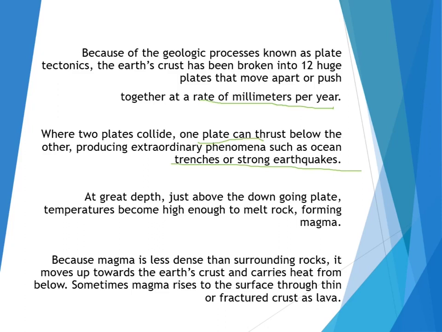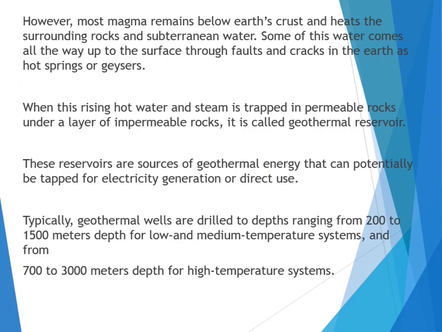What is lava? Lava is a hot liquid rock that comes out from a mountain with an opening in the top, a volcano or anything. So let's move ahead. However, most magma remains below the Earth's crust and heats the surrounding rocks and the subterranean water.